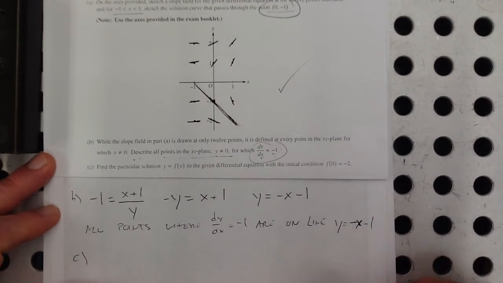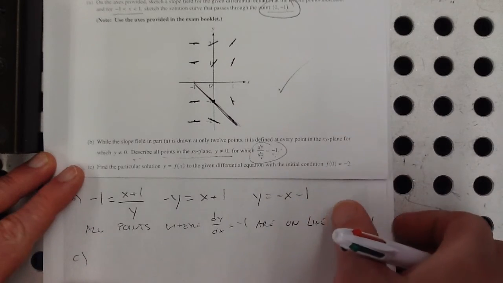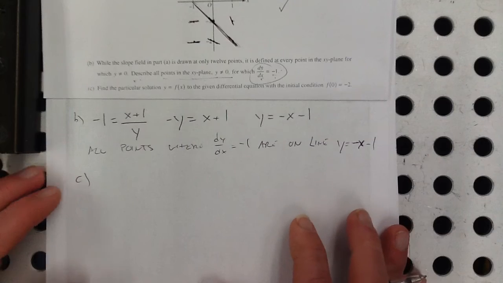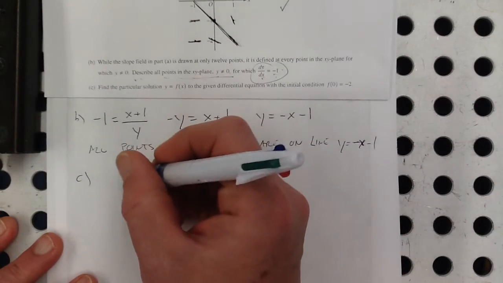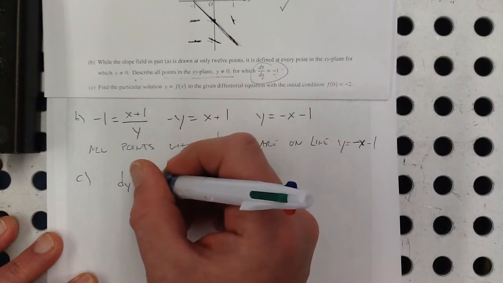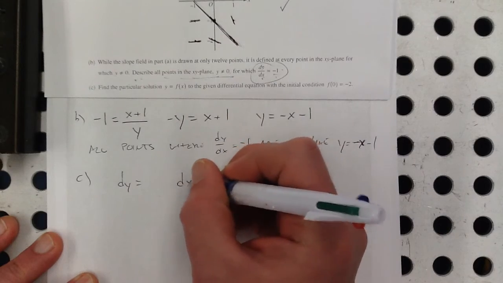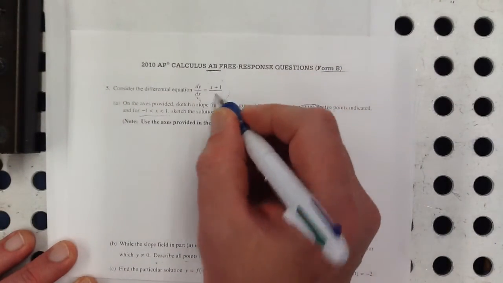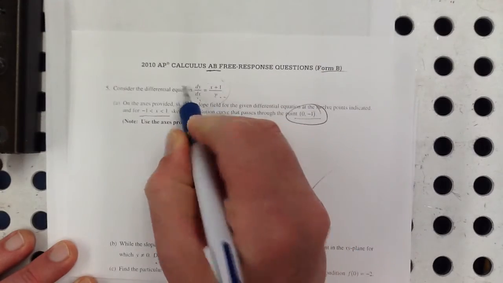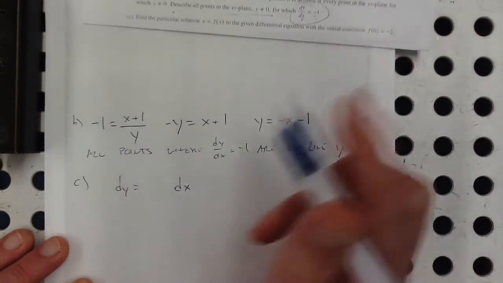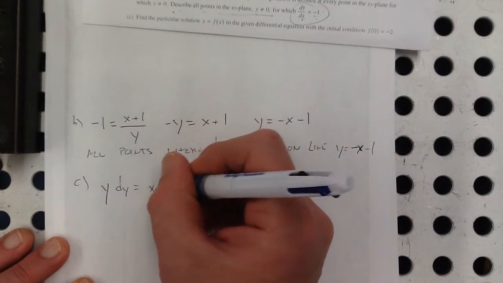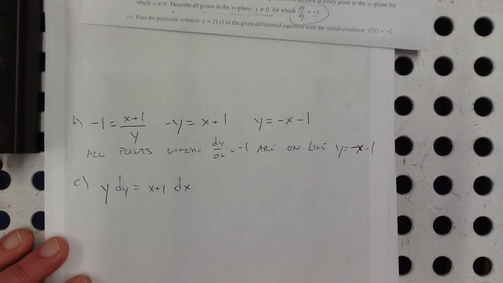All right, part C. Find the particular solution. So here we're going to actually solve this differential equation. Have to do that by separation of variables. The dy has to be over here and the dx has to be over here, and we have to move any y's over to the other side, so that would be y there, and then the x plus 1 is going to stay right there.